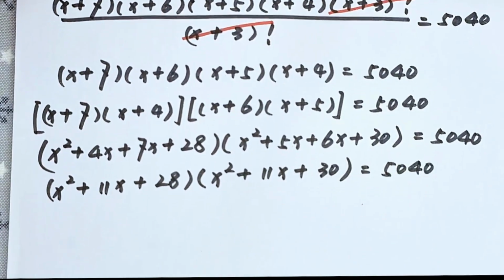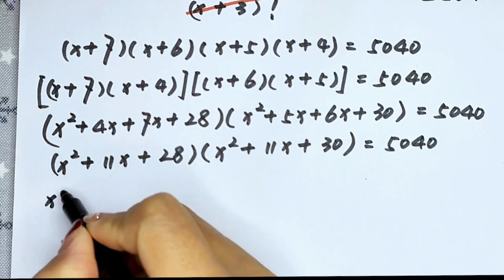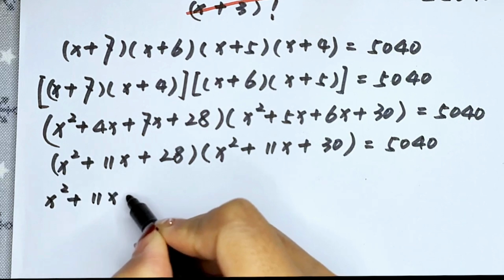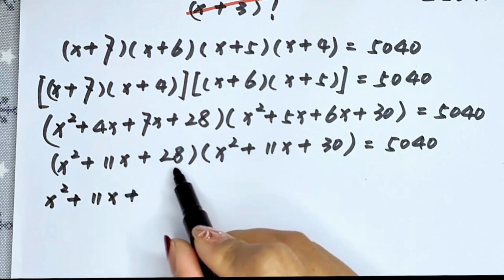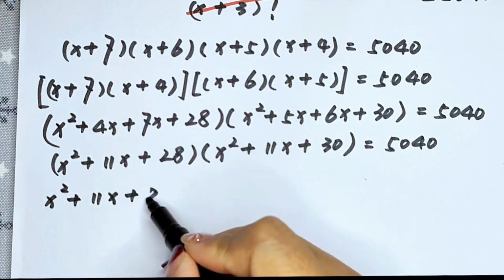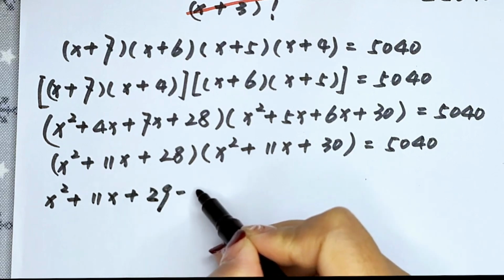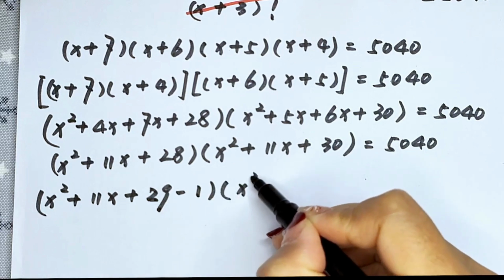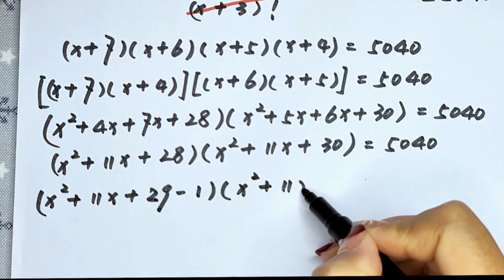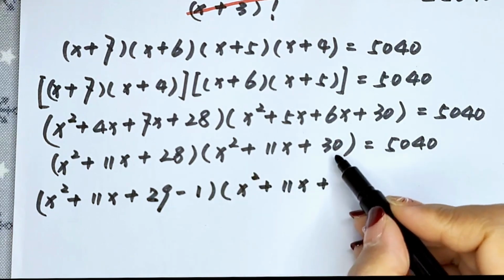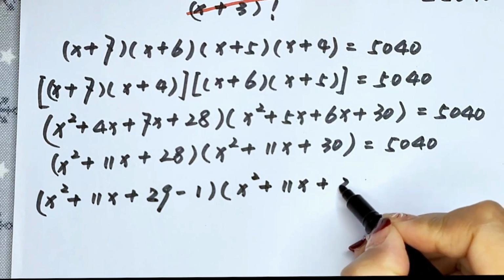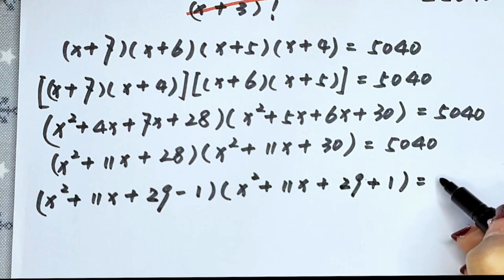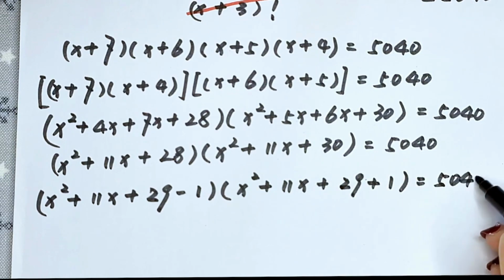The next step, x squared plus 11x plus 28 is the same as 29 minus 1 bracket, times x squared plus 11x plus 30 is the same as 29 plus 1, equals 5040.